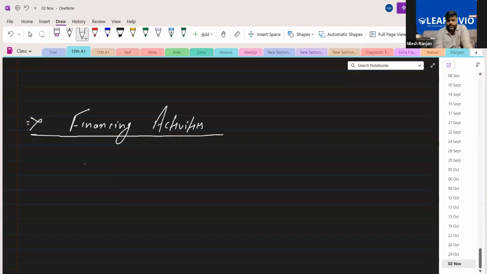Financing activities. So, you get money first. It is not your money. So, you get money and then you pay later.